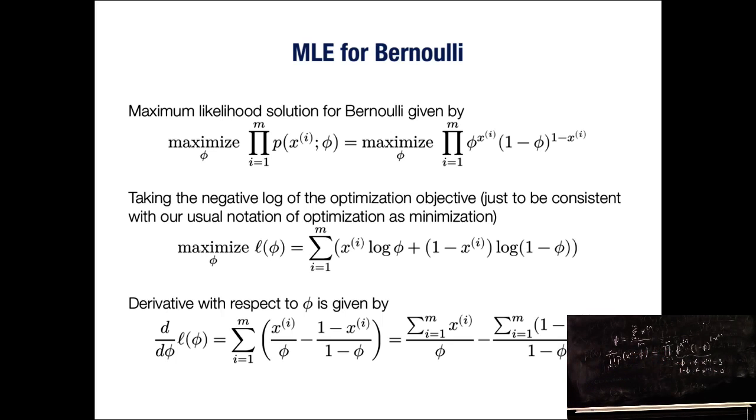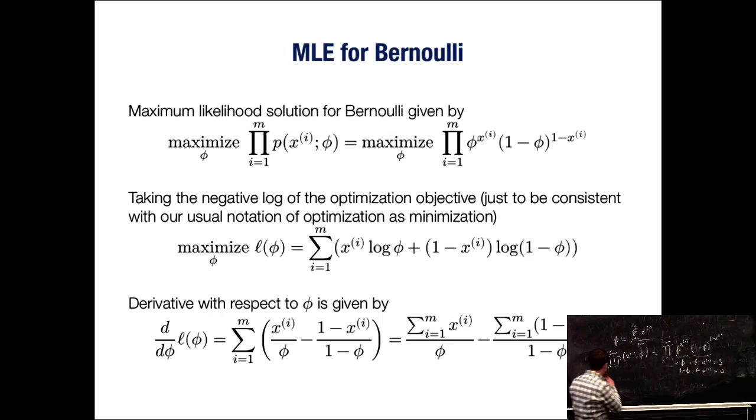OK, so now I want to find the parameters that maximize this probability. It's actually kind of tricky to work on these things, so I'm going to take the log of it. It's a little easier in the log domain.